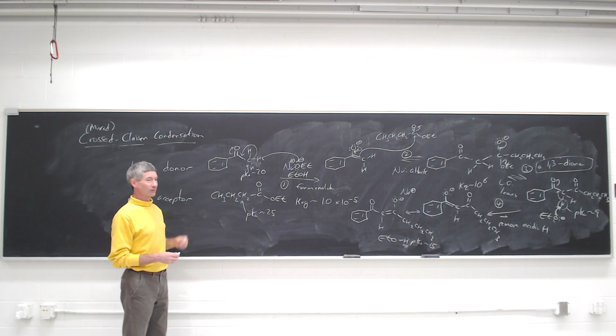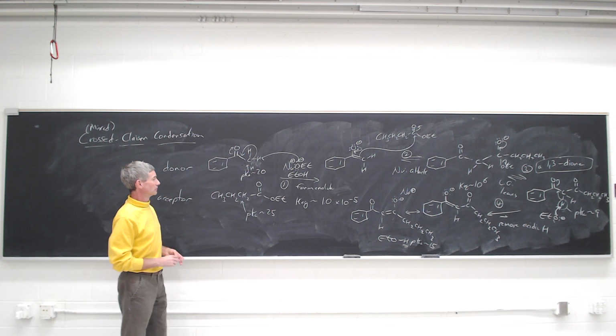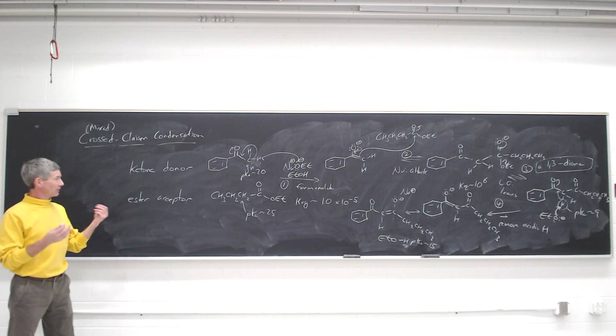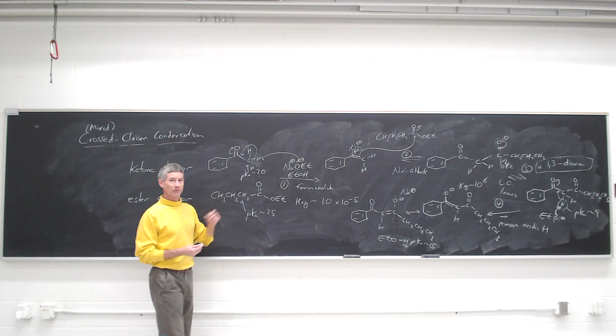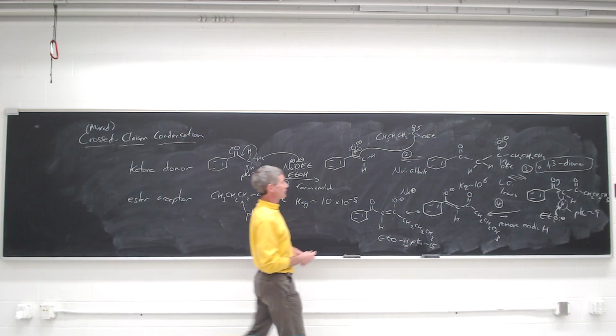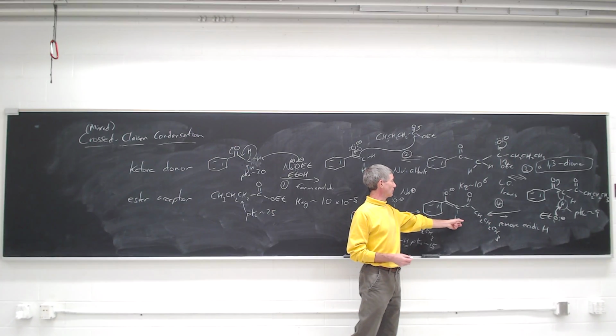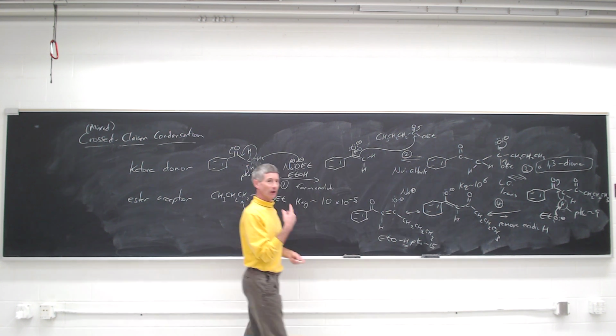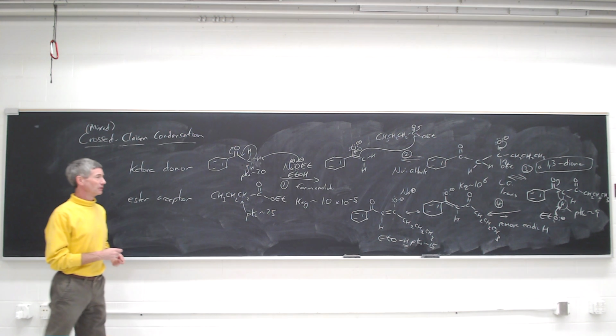But even if the ester reacts with itself, that Claisen condensation is reversible, and eventually you're going to drive yourself to equilibrium at the most stable possible species, which is this mixed Claisen product.